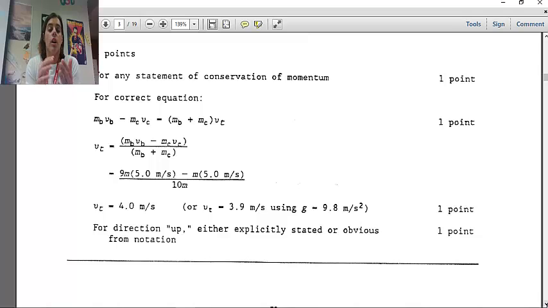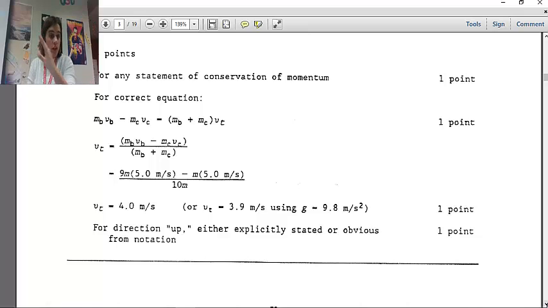Then, for part D, or E, where we're finding the speed of the clay-ball system, any statement whatsoever for conservation of momentum gets a point. So even just writing out in words, momentum is conserved, will get you a point. Writing P initial equals P final or P naught equals P final gets you a point.